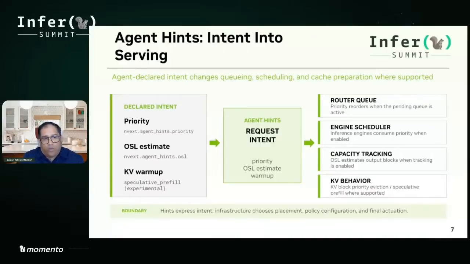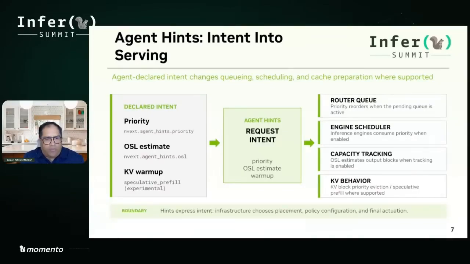The second one is the OSL. Harnesses generally know what a good OSL estimation is. The prompt could be something like summarize in 100 words. That intent is now passed on, which we can use for capacity tracking.